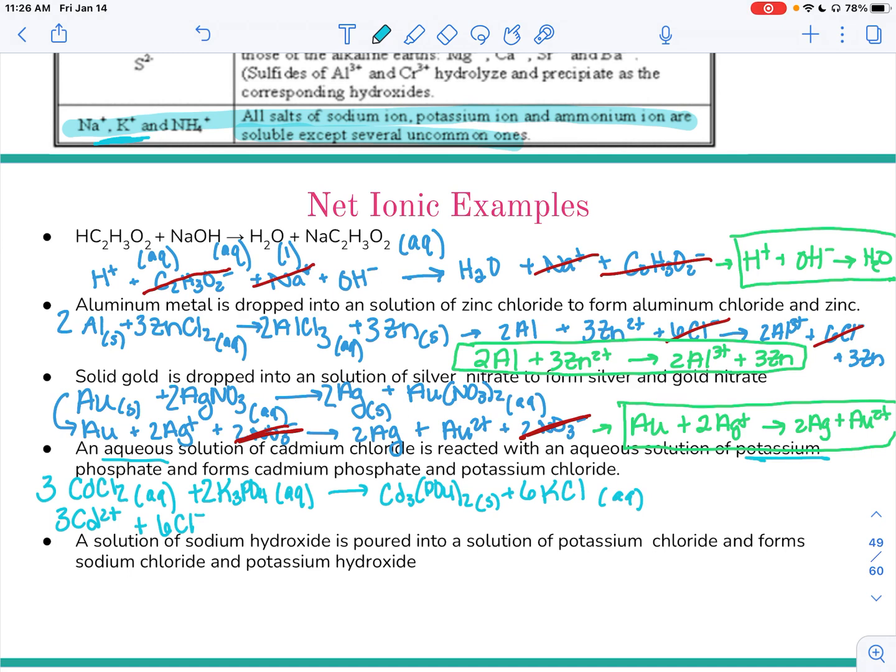So remember, you just look at how many chlorides do I have here? 3 times 2, plus 6K plus 2 phosphates. And then we write the other side. You keep the solid together. And we're going to split up the aqueous.